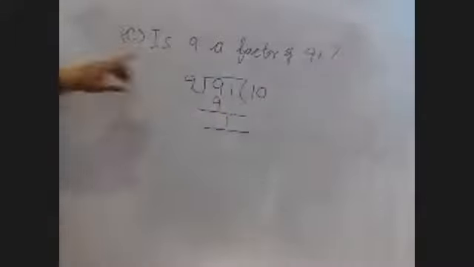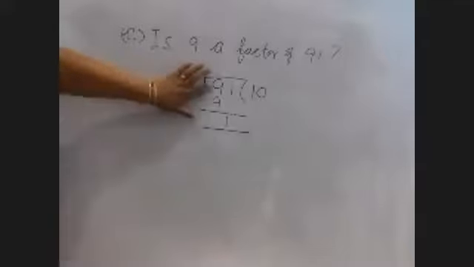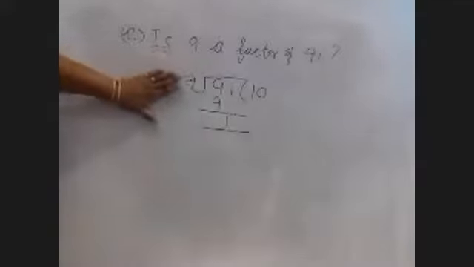When we divide 91 by 9, the remainder is 1.